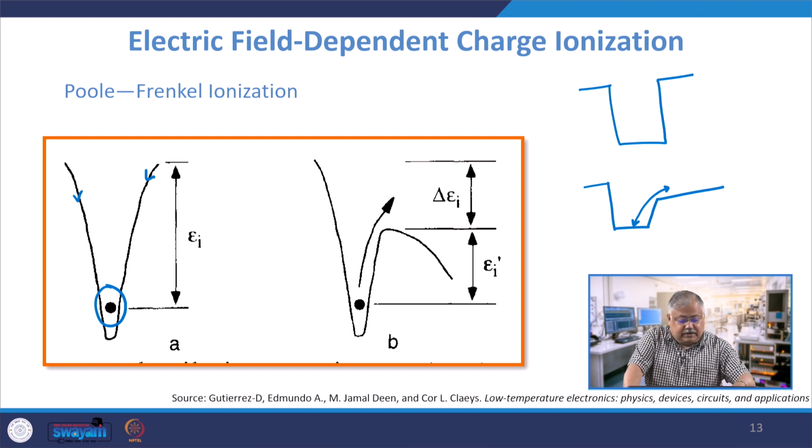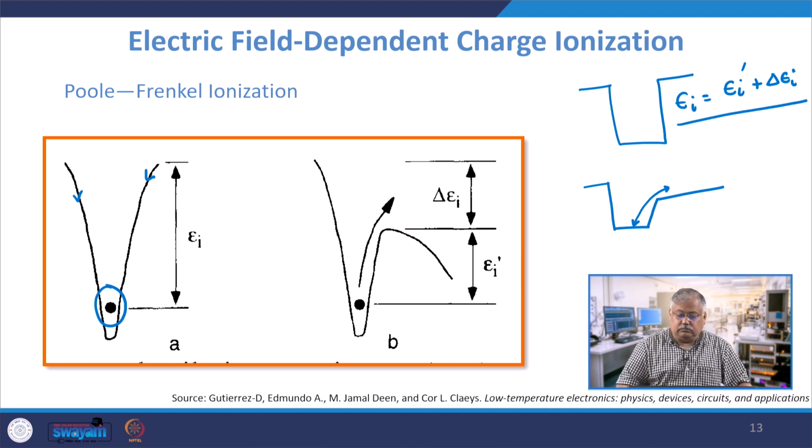Your original was epsilon I, now the new value is epsilon I prime, and therefore I can write epsilon I prime equals epsilon I minus delta epsilon I, correct, fine. And this is also known as electric field dependent charge ionization, also referred to as Poole-Frenkel ionization.